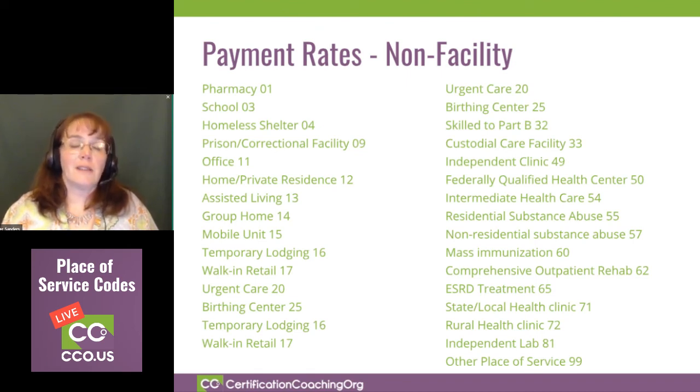So what kind of facility or non-facility are you listed as? And then send in your appeals. So get that corrected or get that changed, or if the carrier made a mistake and paid you at the wrong rate, then make sure that you bring that to the attention and do the appeal to get those claims corrected and get the proper rate of payment for the services you provided in your place of service.